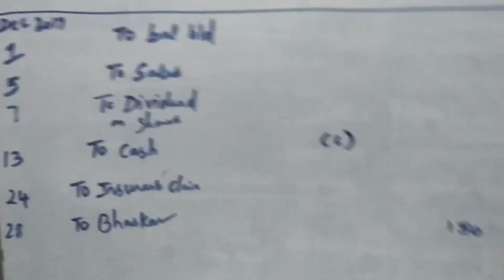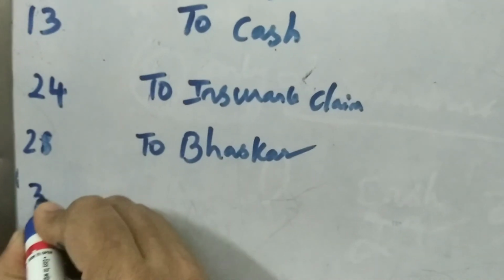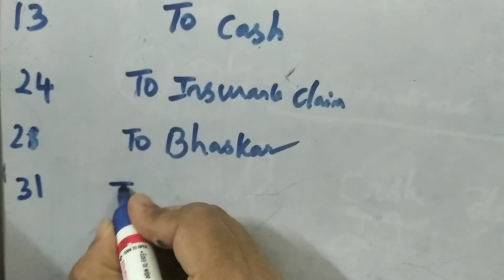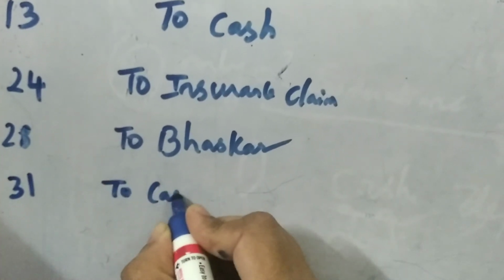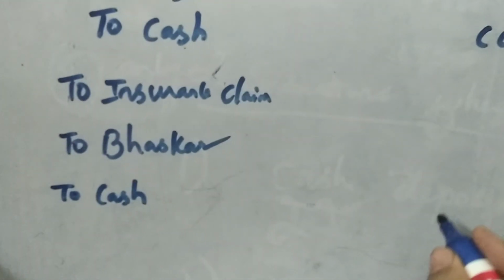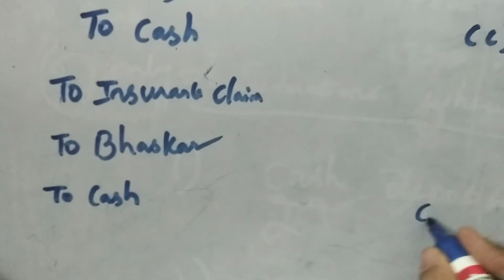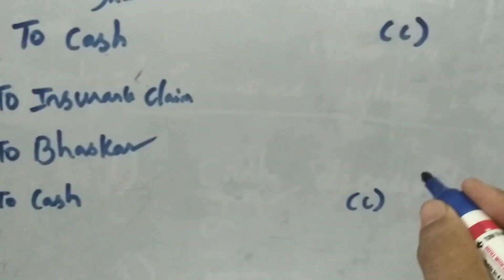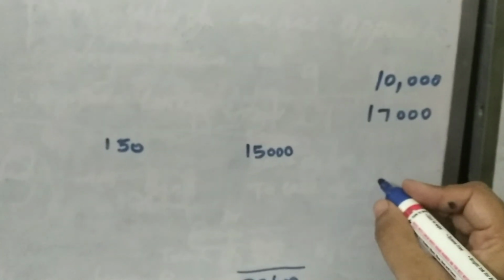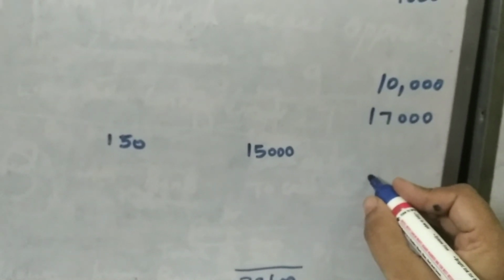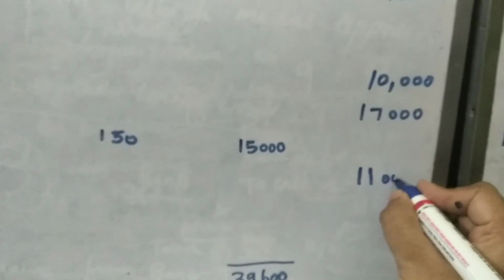Same on this side, on 31st, you will write to cash, put C in the LF column. The C stands for contra entry. Put the amount 11,000 in the bank column.